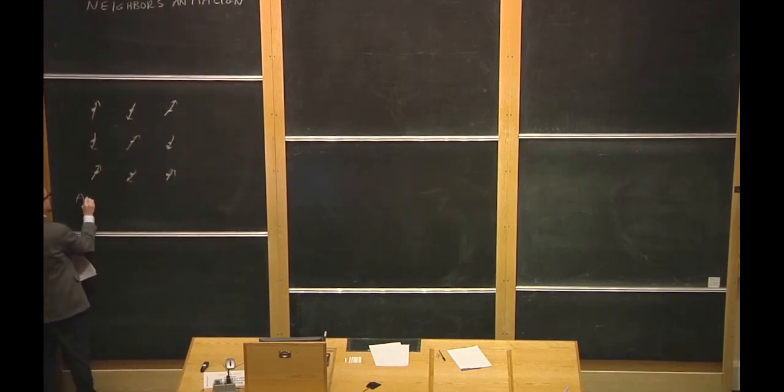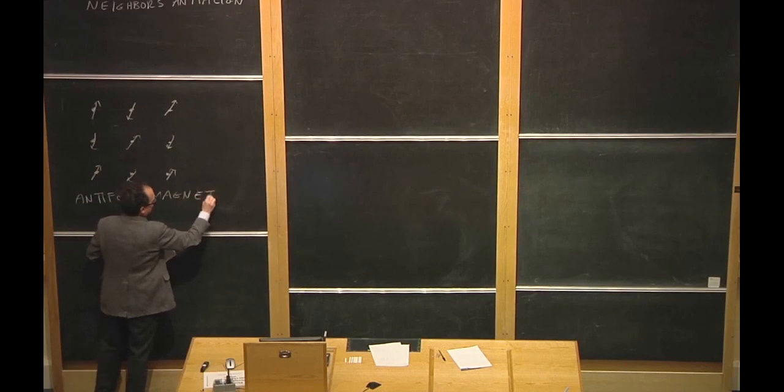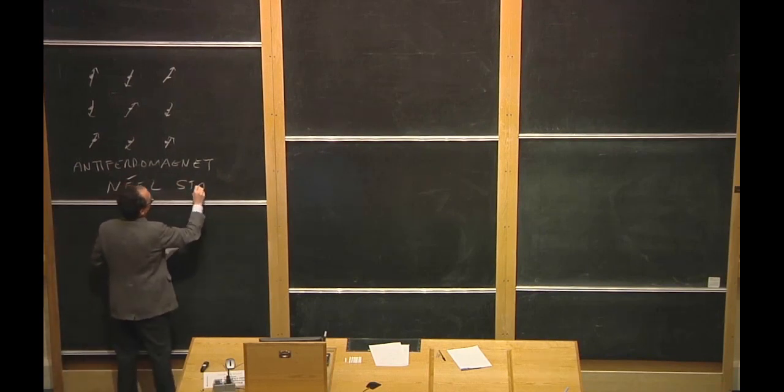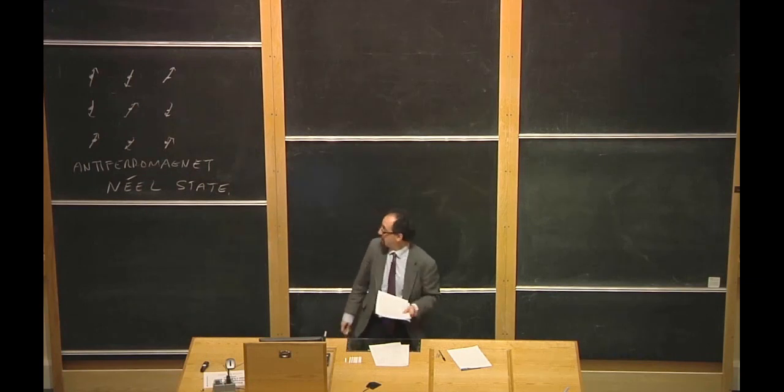This is what's known as an antiferromagnet, or sometimes known as a Néel state, N-E-E-L, after Louis Néel, who realized that these things actually exist in nature.